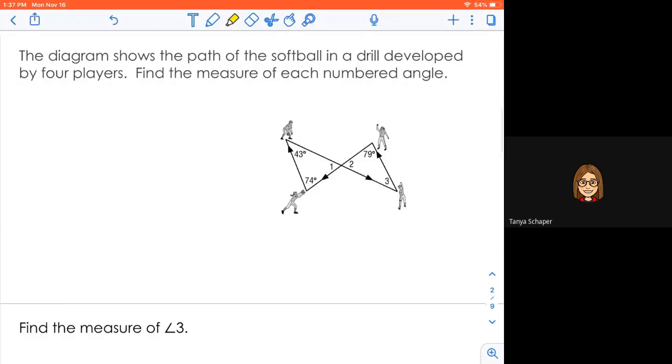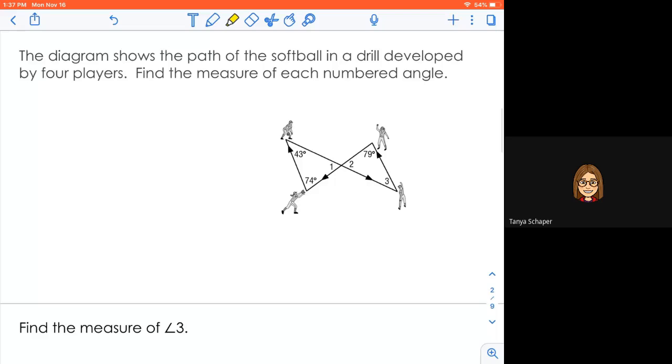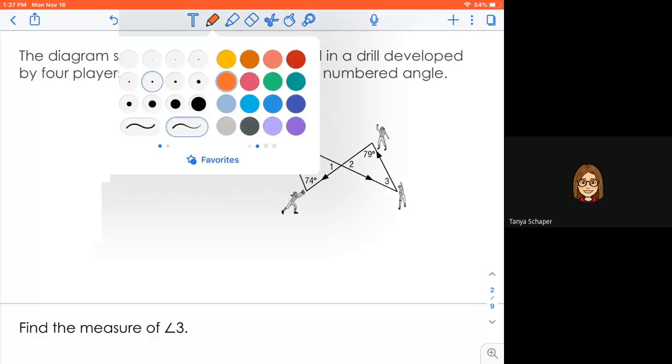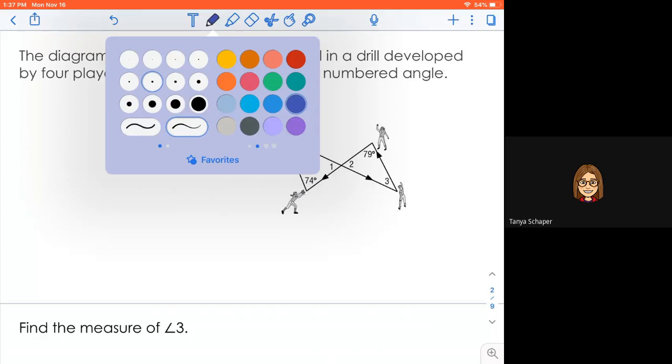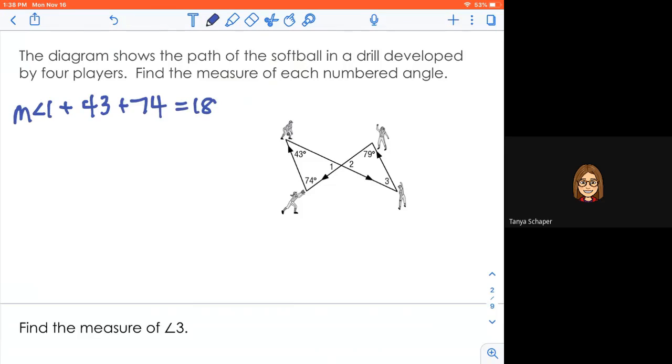Okay, so this particular diagram shows the path of a softball through a softball drill, and we have angle measurements listed there. We need to find the missing measurements. What we know is that the sum of all the angles in a triangle is 180. So the measure of angle 1 plus 43 plus 74 is going to equal 180.